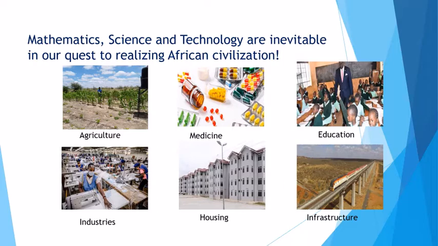We need to use mathematics, science, and technology; they are inevitable. They should be taught as a priority in all schools, in the whole academic system, so that we can bring change to this problem and many more.